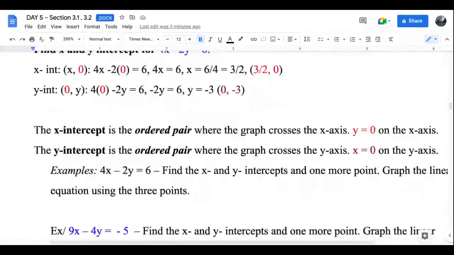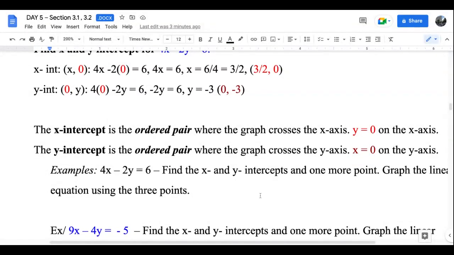Okay. So x-intercept is a point, an ordered pair. Y-intercept is an ordered pair or a point with x value, y value. For x-intercept, y is 0. Y-intercept, x is 0. Right.